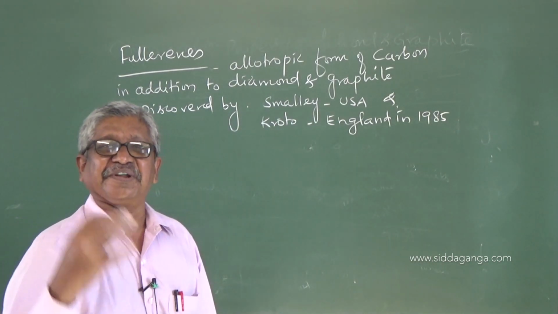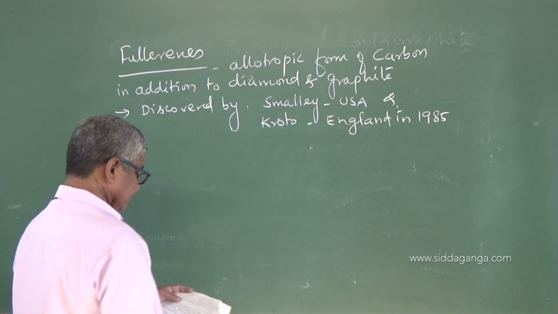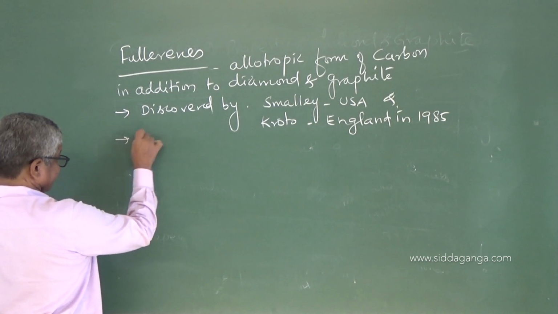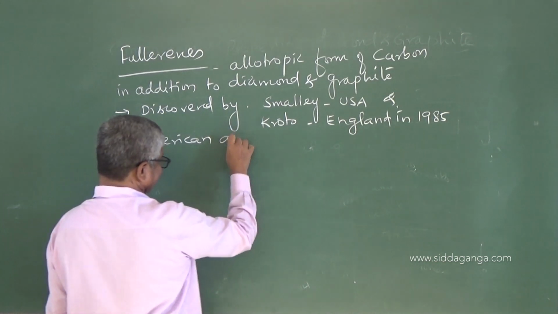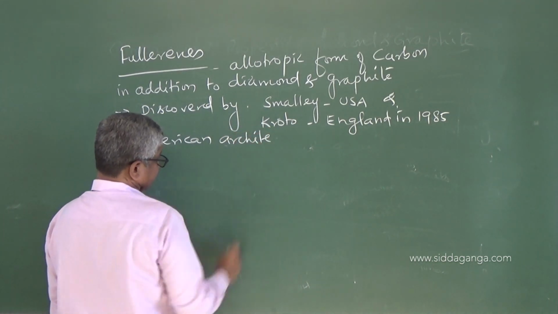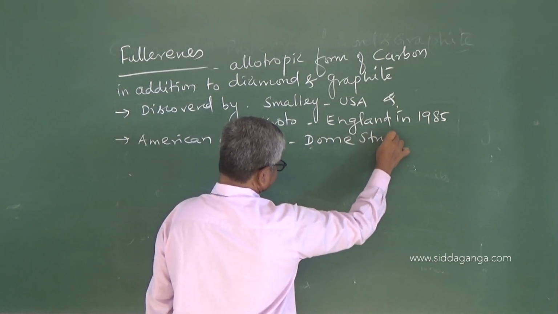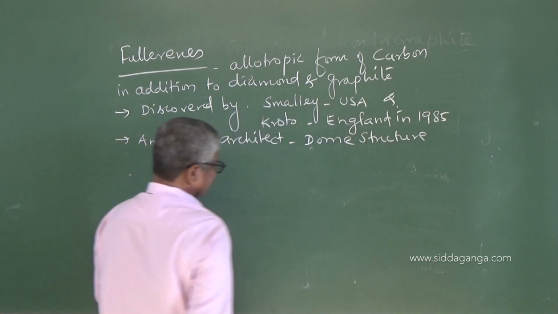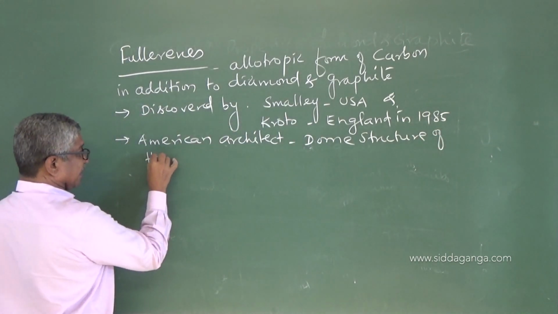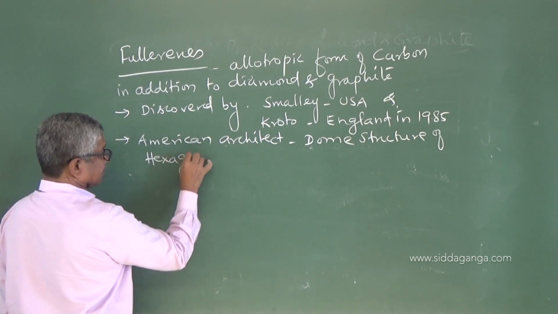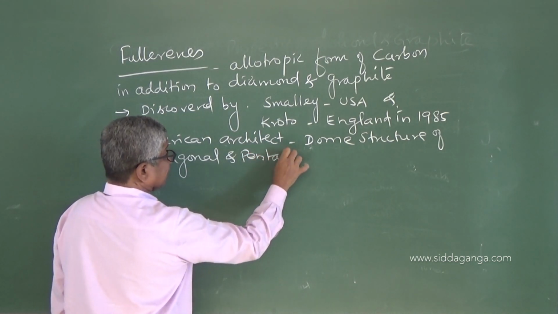Why is this name given? There is an American architect who made dome structures of hexagonal and pentagonal shapes.